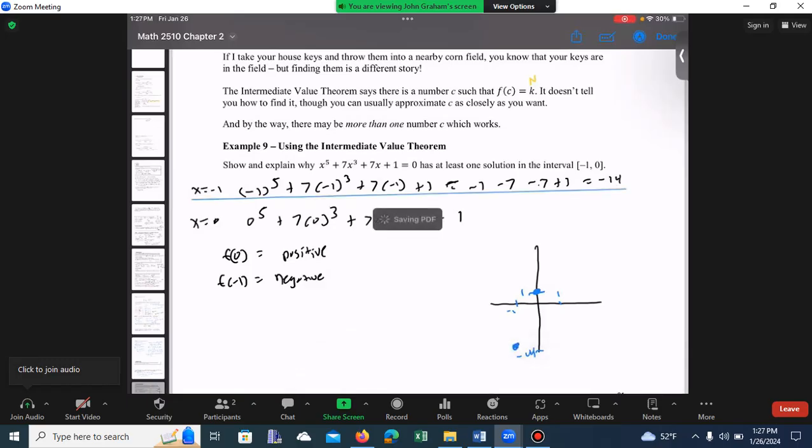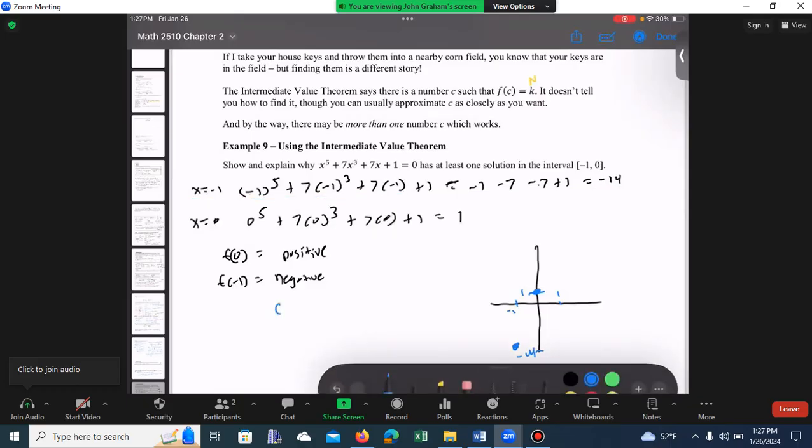Because this function is a polynomial, which means it's continuous, then to make a line through here, it has to have a point in between.